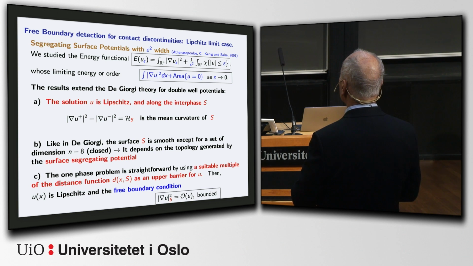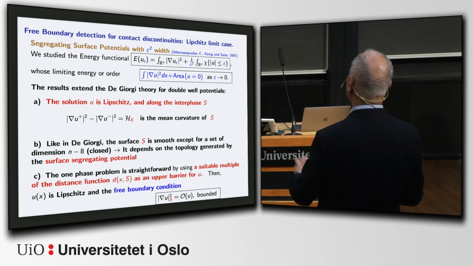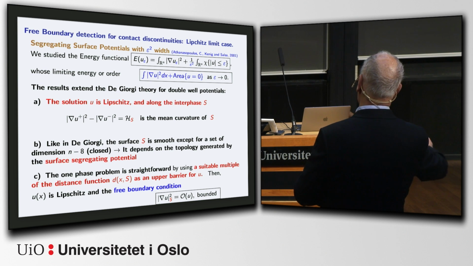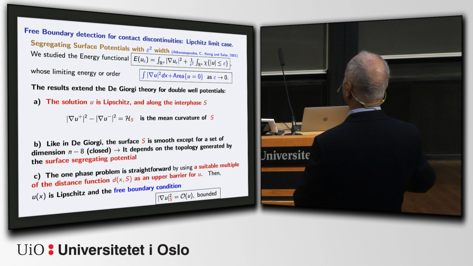The solution u is Lipschitz as the one before, but has more information along the interface S, right? That is, you have something flat, and in the Lipschitz case, something which is curved, or that makes a round ball and keeps going, right?